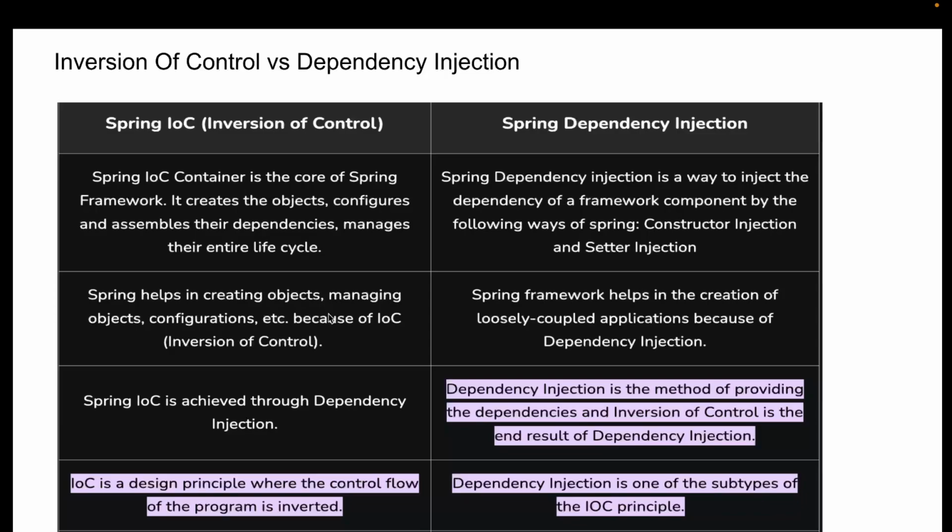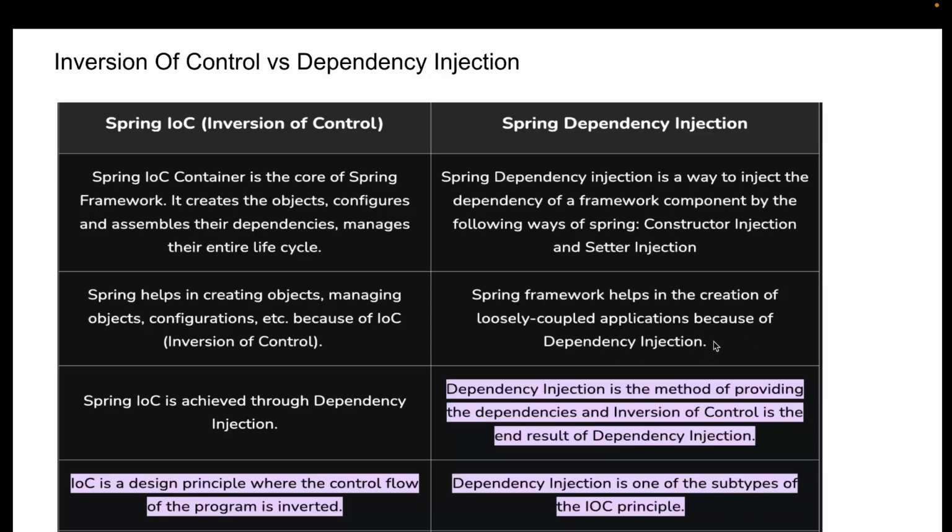Now let's see the other point. Spring helps in creating objects, managing objects, configurations, etc. because of the IOC. This inversion of control design principle helps in creating these objects, managing these objects and configurations. And let's see the dependency injection section. Spring framework helps in the creation of loosely coupled applications because of dependency injection.